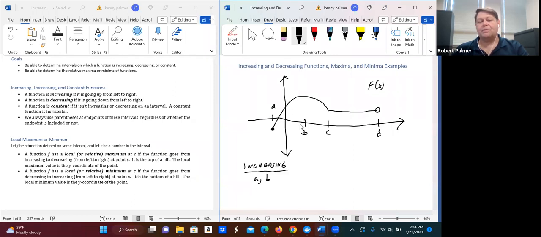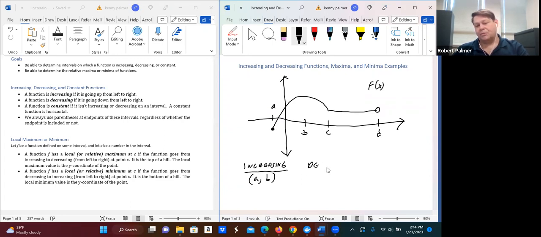These are intervals in which the function is increasing, decreasing, or constant, always given in terms of the x values. Notice this endpoint is included, but it doesn't matter. For increasing, decreasing, and constant intervals, we always use parentheses, regardless of whether the endpoint is included or not. So this is where the function is increasing, from A to B.